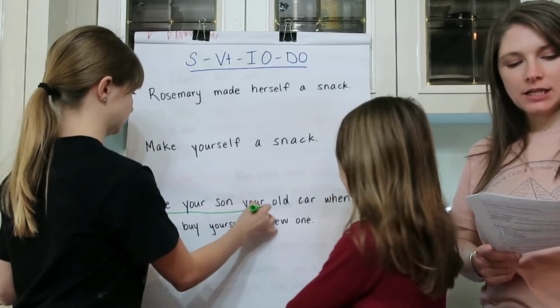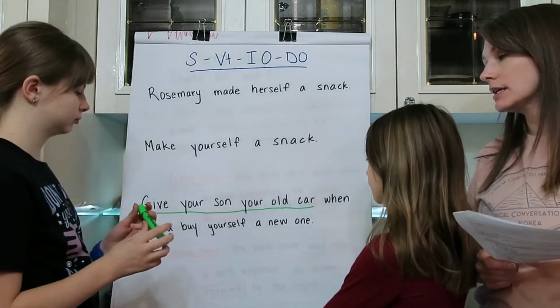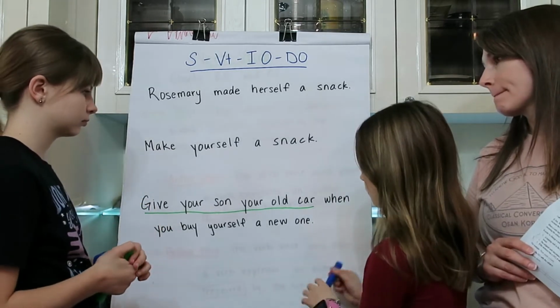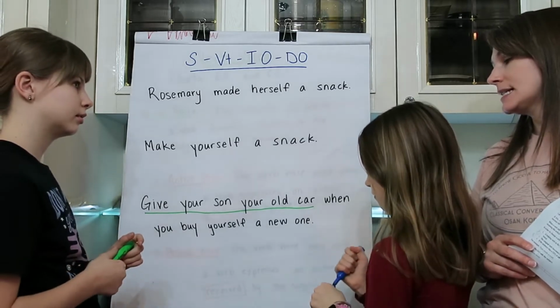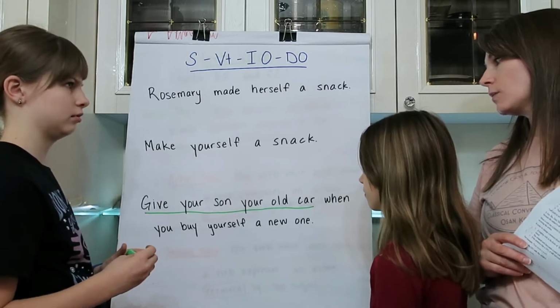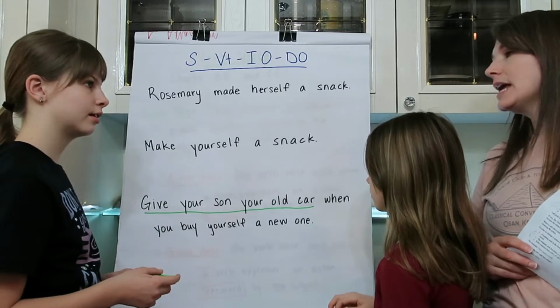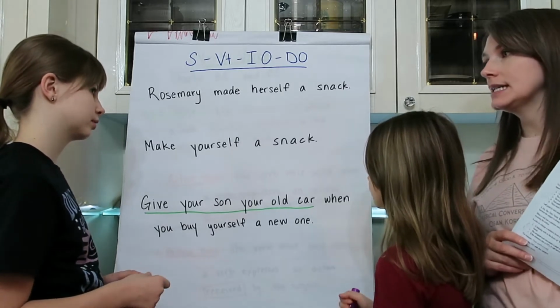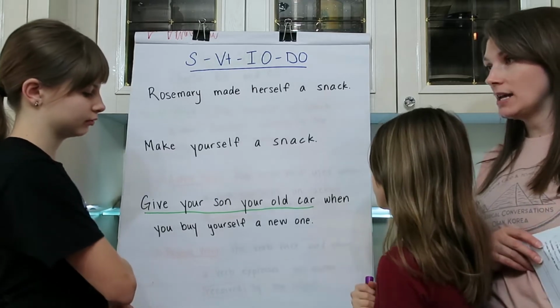All right, so is there a second independent clause or a subordinate clause? What's the next part? You buy yourself a new one. When you buy yourself a new one. Is that a complete sentence? Can it stand on its own? No, so that is what kind of clause?